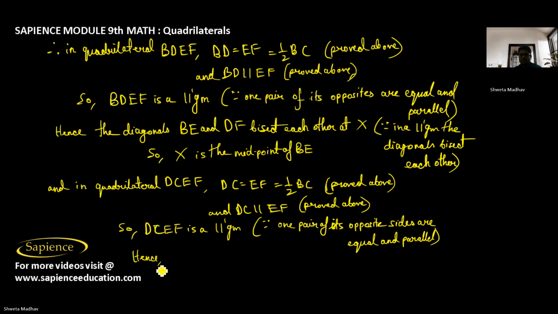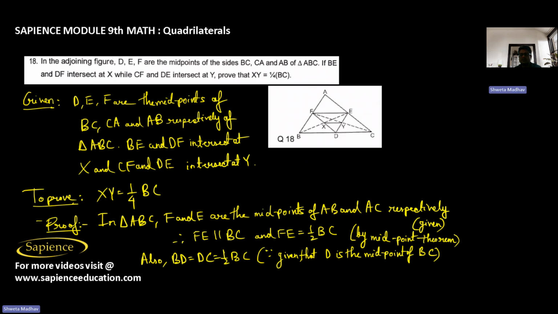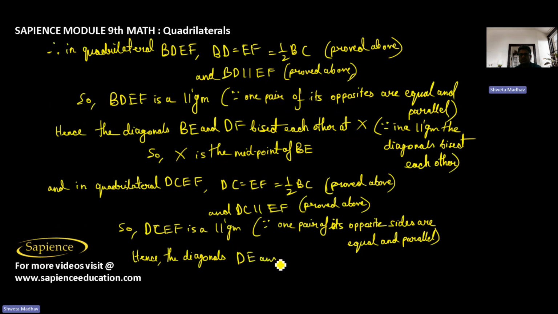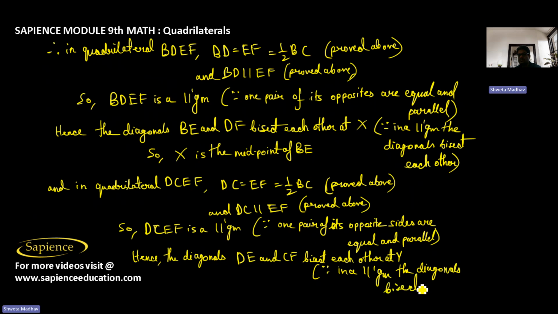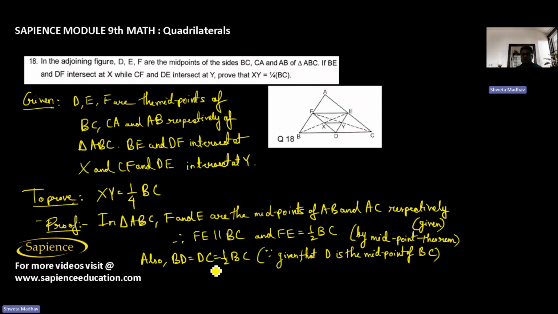Hence the diagonals DE and CF bisect each other at the point Y, since in a parallelogram, the diagonals always bisect each other.